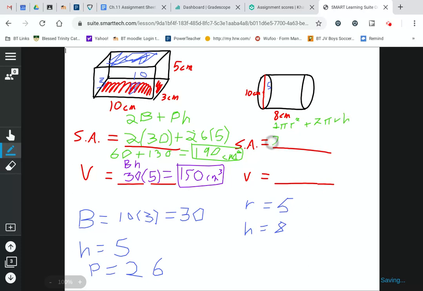So 2 pi times 5 squared plus 2 pi times 5 times 8.